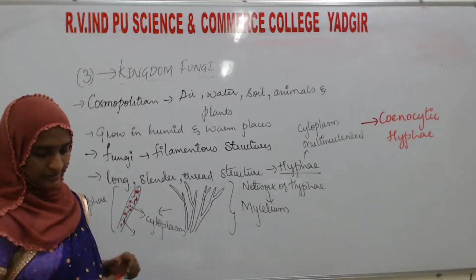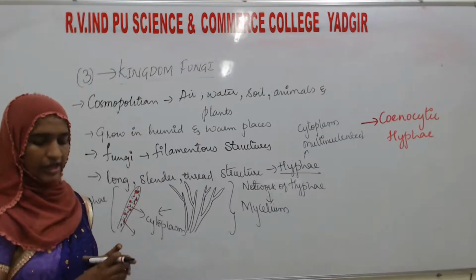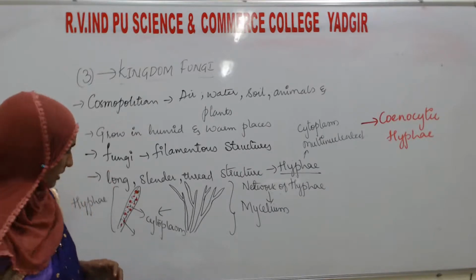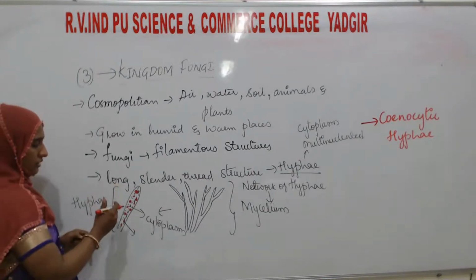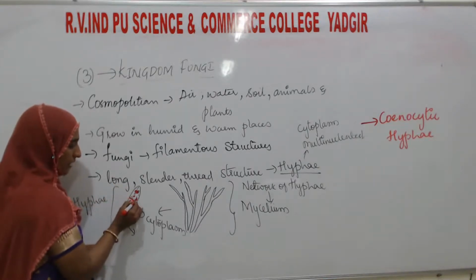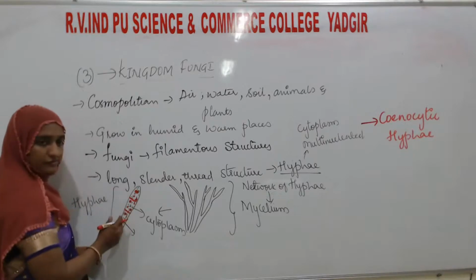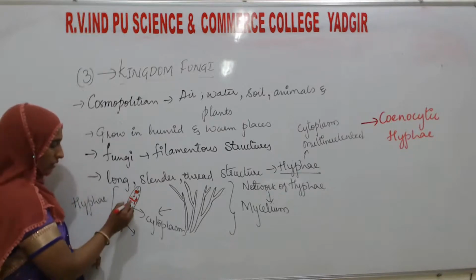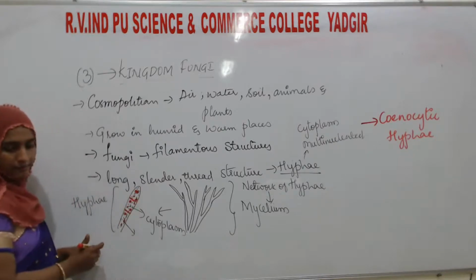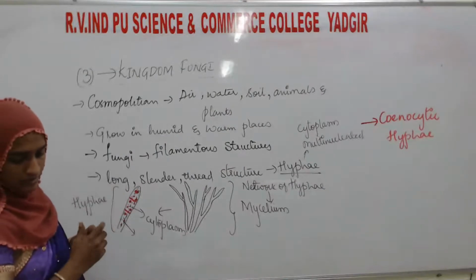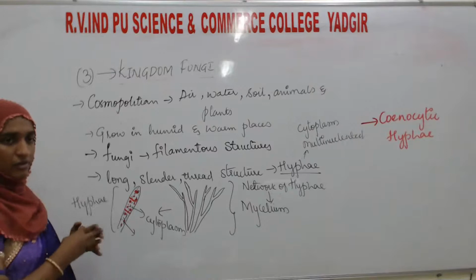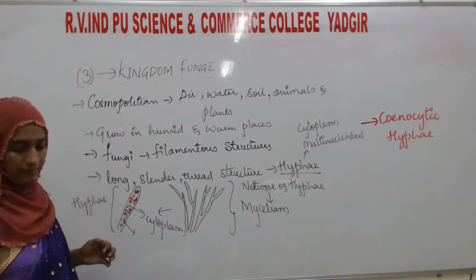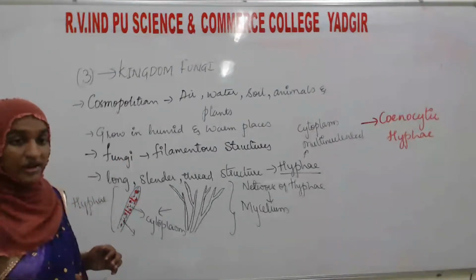The next, some fungal hyphae will have the septa. Here I will show you in this only. Some of the hyphae will have a septa or a cross wall like this. So in many hyphae there will be the presence of cross walls or the septa. In which fungi will it be there?